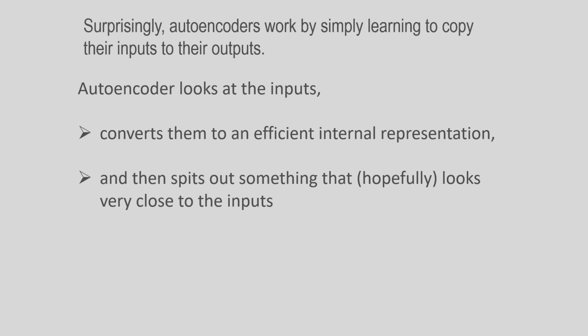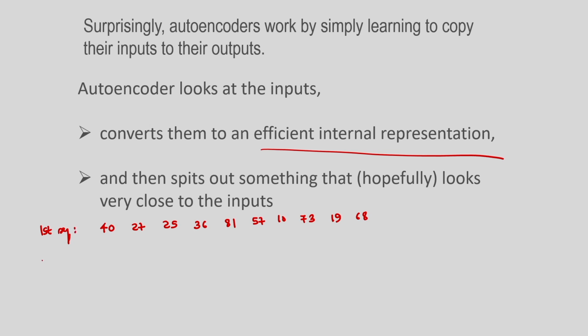What is the meaning of the efficient internal representation? So I can give one example. The first sequence is, suppose, 40, 27, 25, 36, 81, 57, 10, 73, 19, 68. So this is my first sequence. And let us consider another sequence, the second sequence.